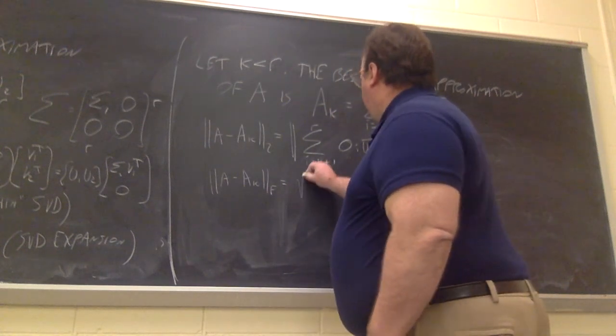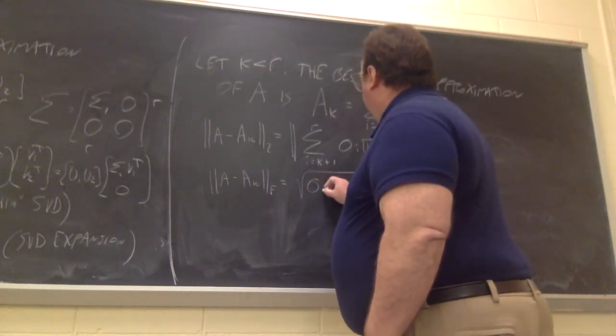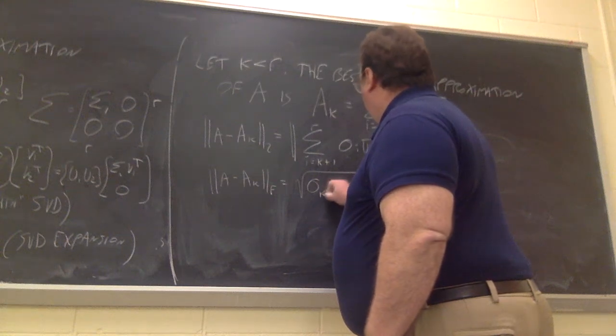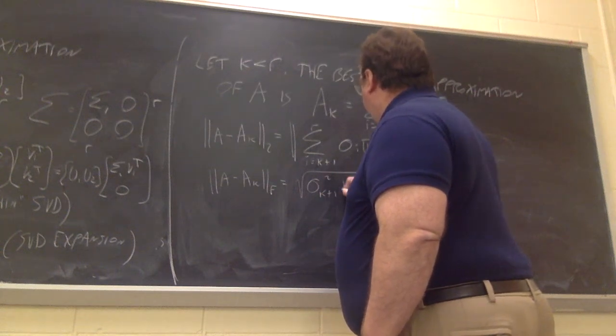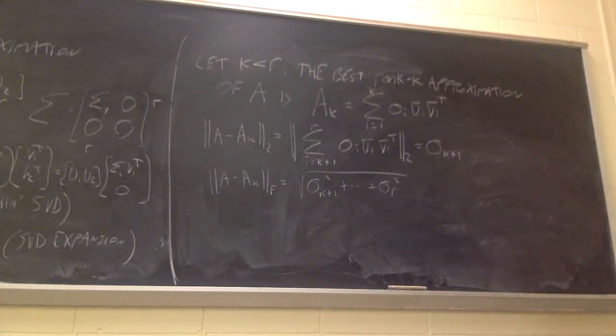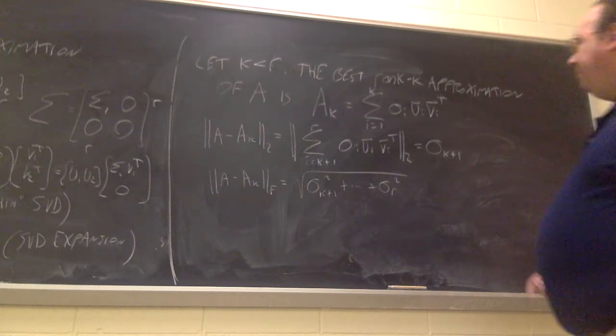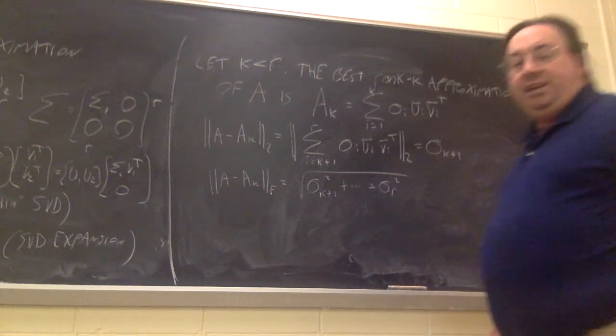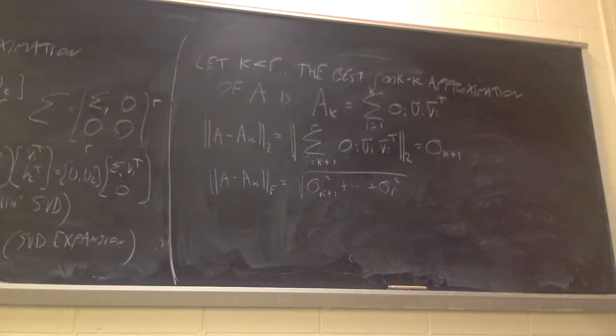So that would be the square root of the sum of squares of all the singular values starting from k plus 1 up to r. So you could use that criterion as well, maybe if you're trying to choose k in such a way that the error is below a certain threshold. You can choose that threshold to be based on either the 2-norm or the Frobenius norm.